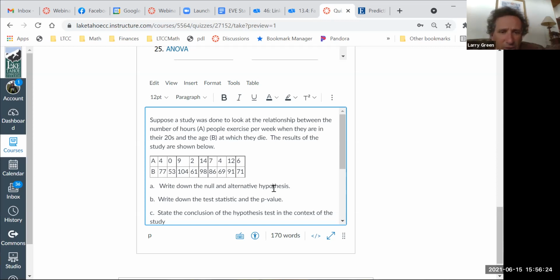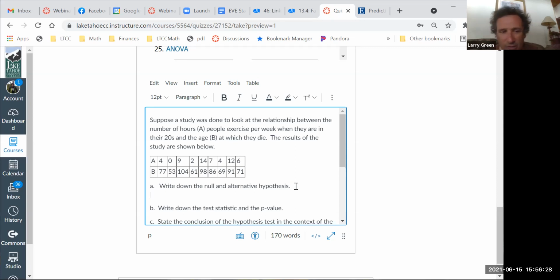Okay, write down the null and alternative hypotheses. There's really only one answer to this particular one. So what is the null hypothesis? Rho is equal to 0.